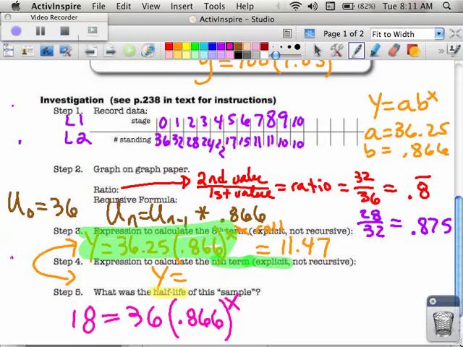And what you're going to do is take the 18 and place it in y2. I'm going to put that in y2, and we already have the other stuff in y1.